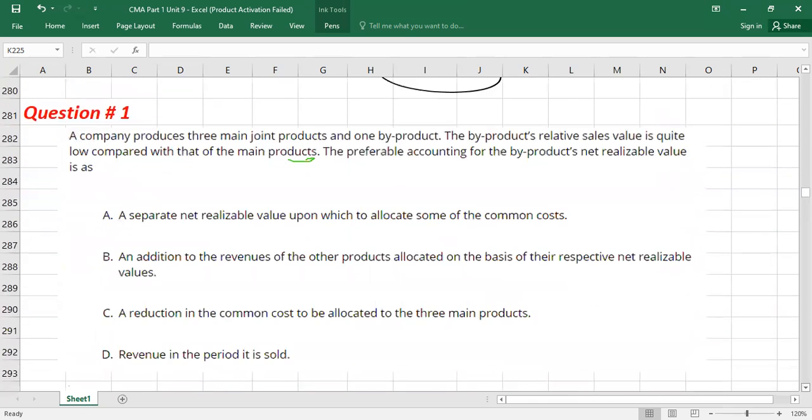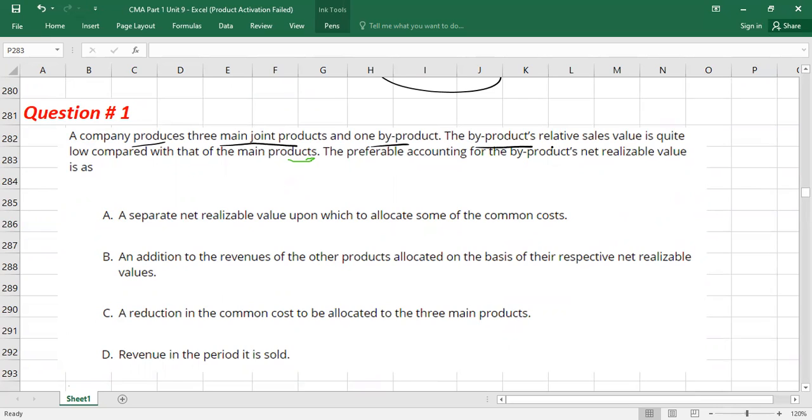Now guys, we are moving to the questions. Questions will be somewhat tricky also. I hope our video is recording. Yes. So we have question number 1. A company produces 3 main joint products and 1 byproduct.